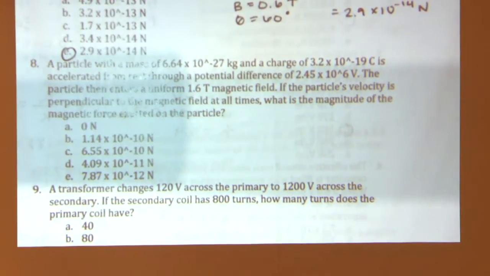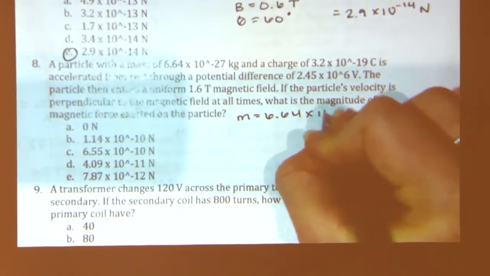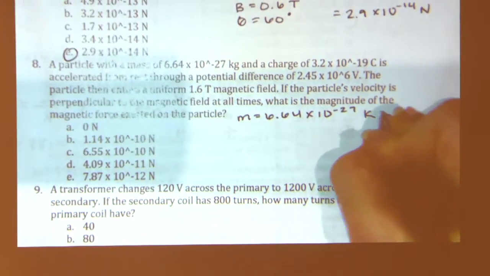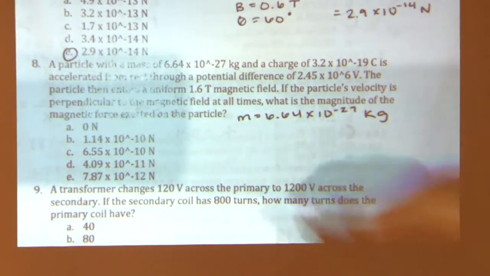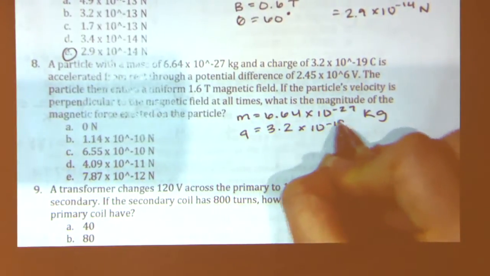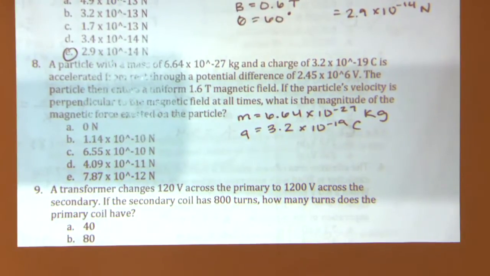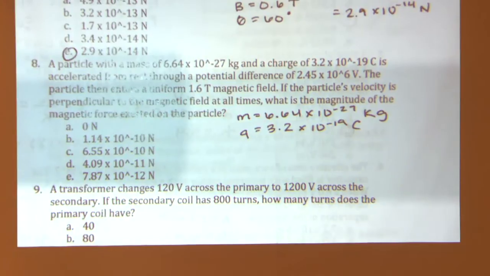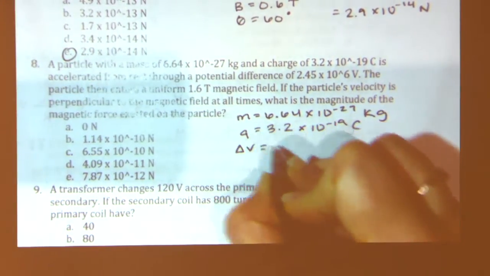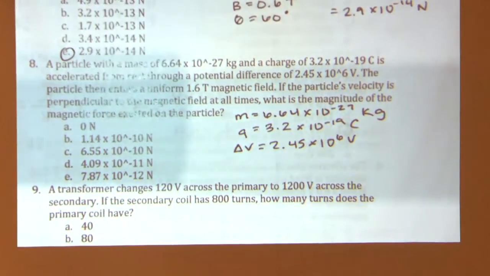Number 8 is a particle with a mass of 6.64 times 10 to the negative 27 kilograms, and a charge of 3.2 times 10 to the negative 19 coulombs. Is accelerated from rest. So that means our V naught is equal to 0. And we have a potential difference of 2.45 times 10 to the 6 volts.